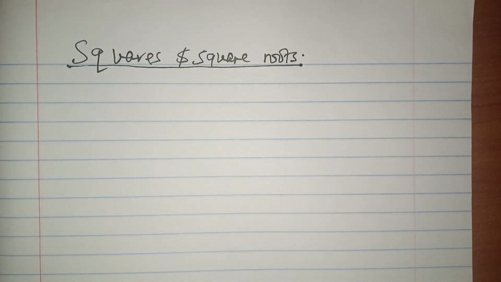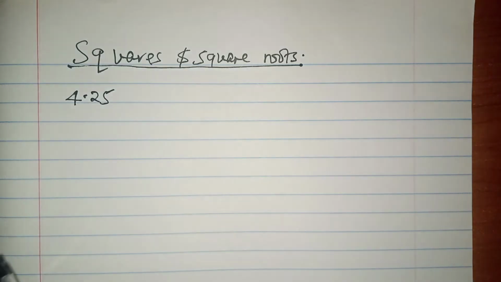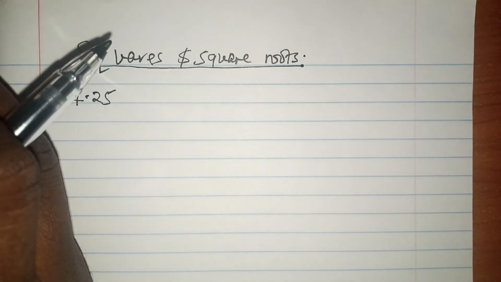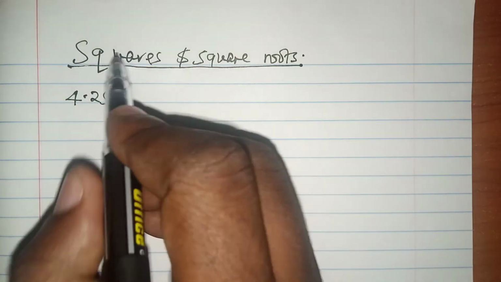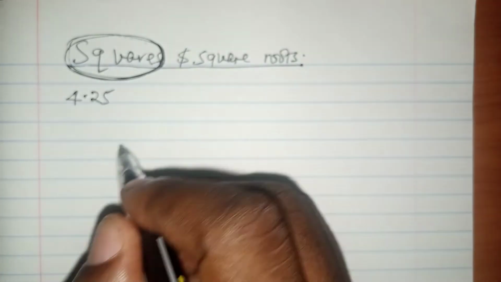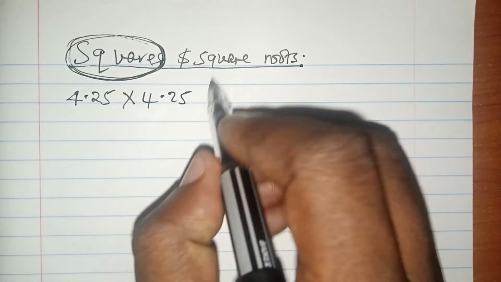And we have understood that if you want to get the square root of 4.25, and especially using the table, we get to the column of x. And sorry, I want us to talk about the squares first. The square is normally 4.25 times 4.25.